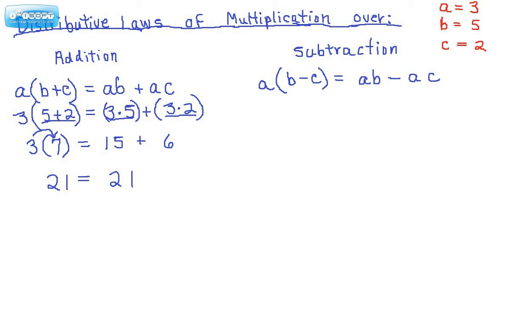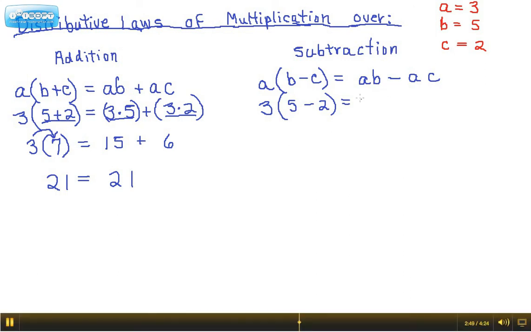On the right, we have the distributive law of multiplication over subtraction. So I'm going to put in the numbers that we've chosen for our variables. A is 3, B is 5, and C is 2. We have A times B, or AB, and so we're going to have 3 times 5.